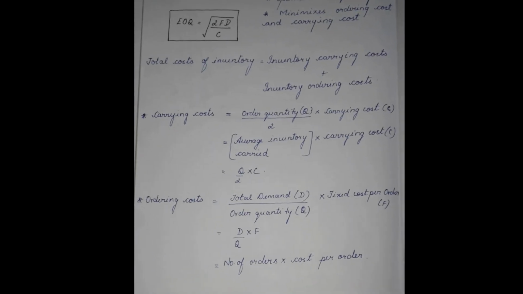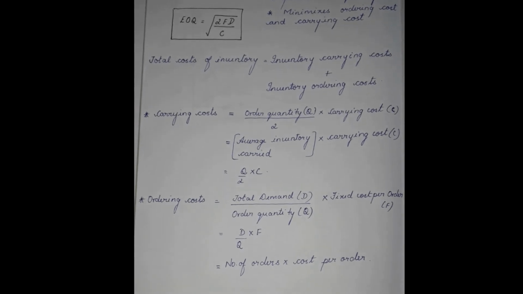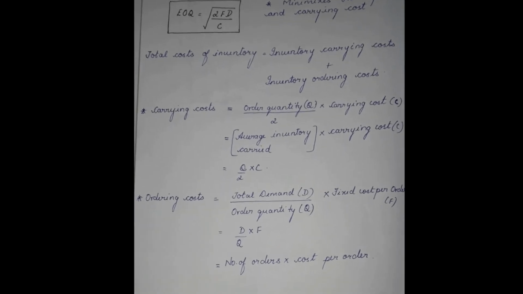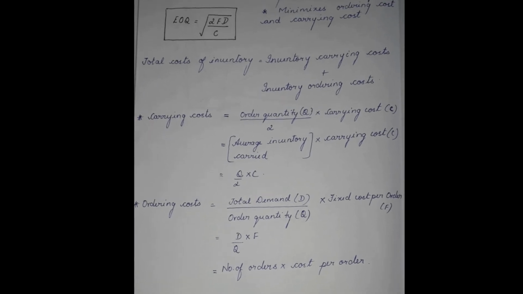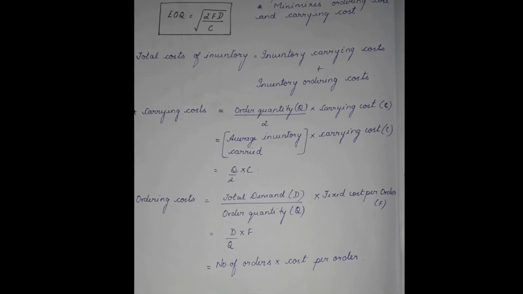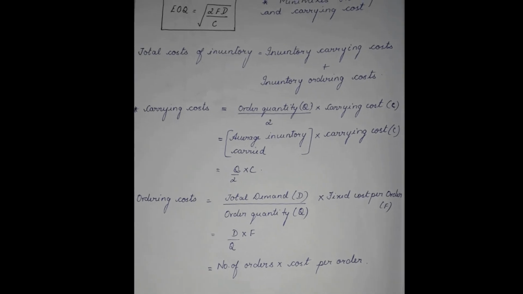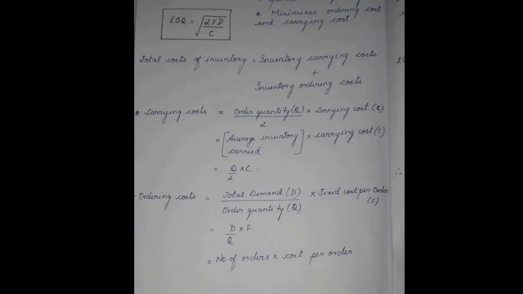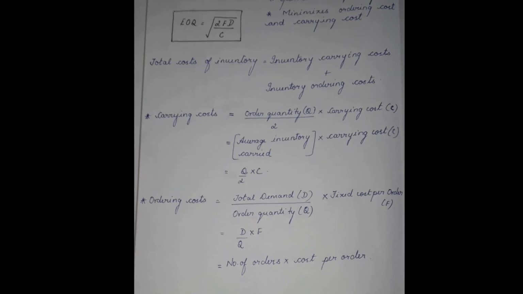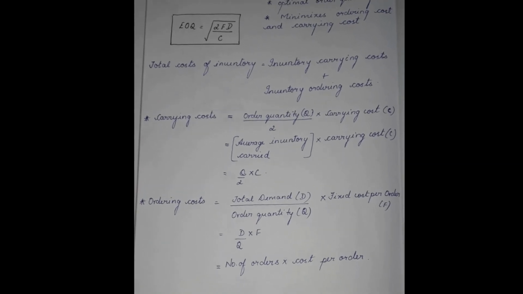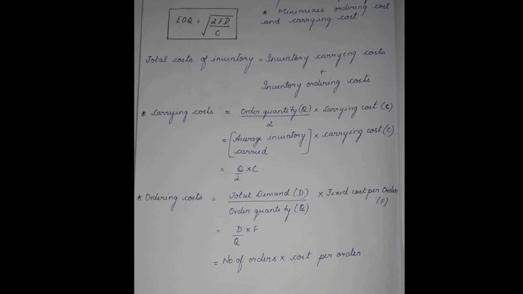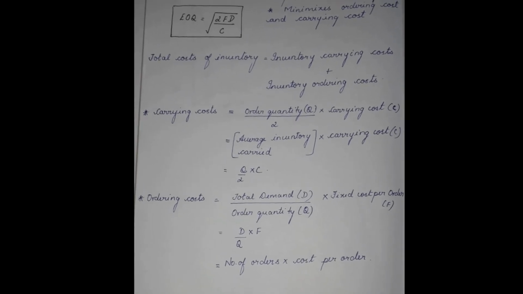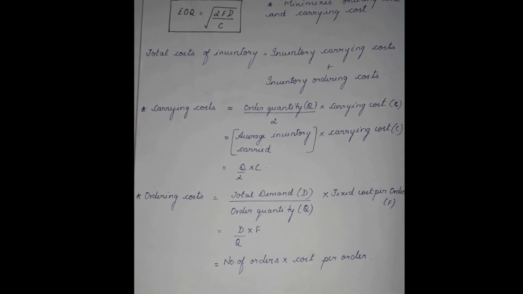So in order to derive our economic order quantity, we will take into consideration carrying costs and ordering cost, and the total cost of inventory, as mentioned earlier, is inventory carrying cost plus inventory ordering cost. Carrying cost is nothing but the average inventory carried by the firm into carrying cost, that is the cost incurred for carrying this inventory.